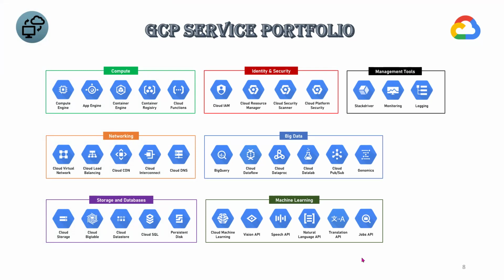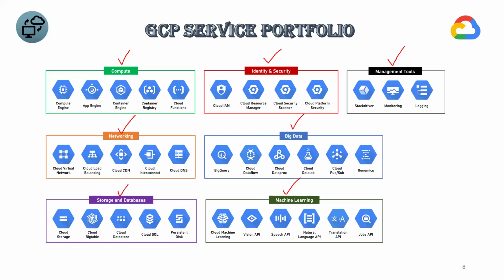So, sir, can you tell me what are those services that GCP is providing? This is the GCP service portfolio. Here, GCP provides the compute category. There are plenty of categories: compute, identity and security, management, networking, big data, storage and databases, machine learning.